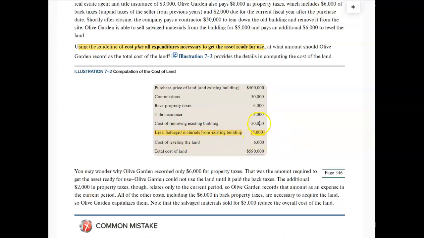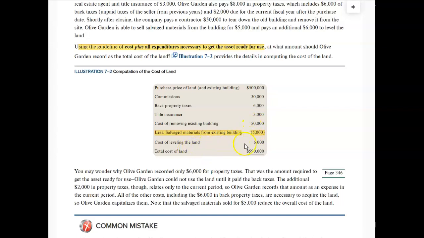So we got a lot of wood out of the old building, maybe other scrap, and we were able to sell part of that and get some money out of it. That reduces the cost of the land because we're getting some money out of this, and so this is a reduction of $5,000. All these are additions, and now we have a reduction because we're getting some money back on the old building that we knocked down and sold for scrap.